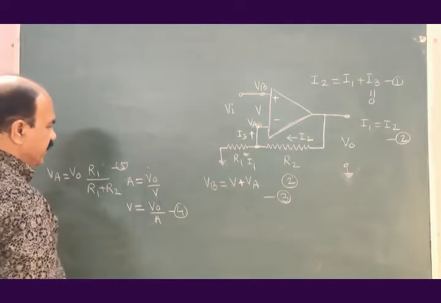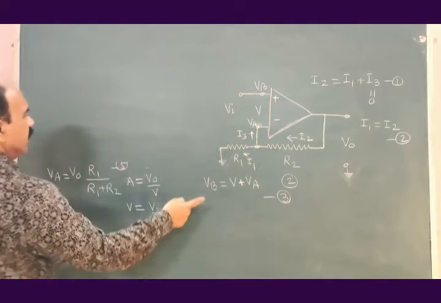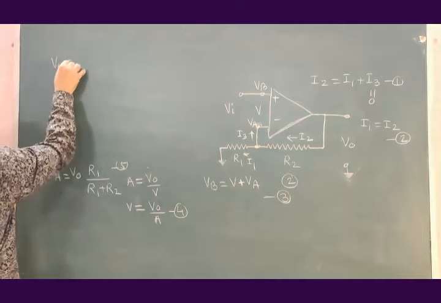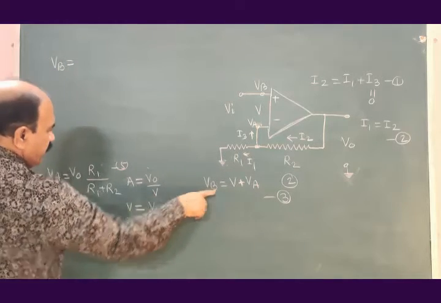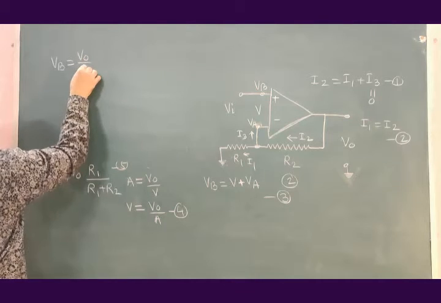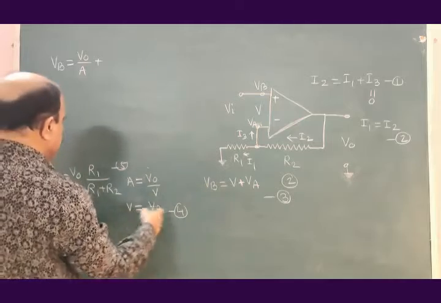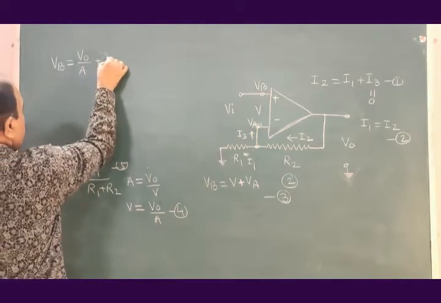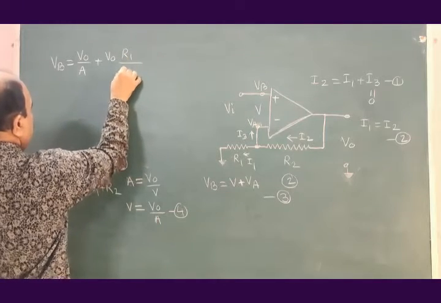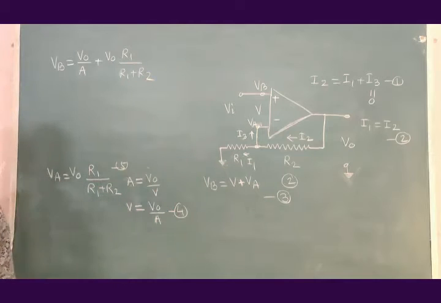So, after substituting the values for V and VA, equation 3 becomes VB is equal to V, which is Vo divided by A, plus VA, which is Vo into R1 divided by R1 plus R2.